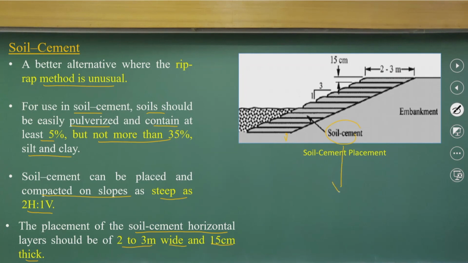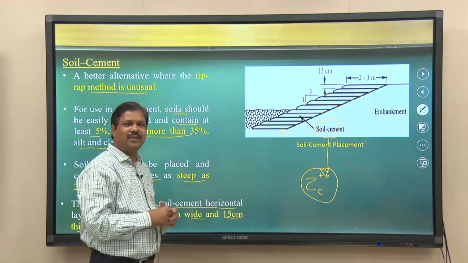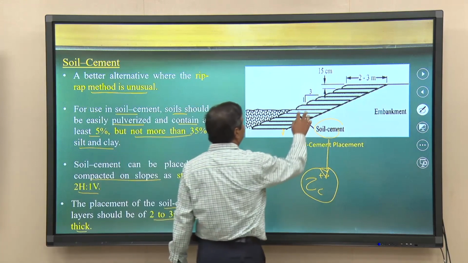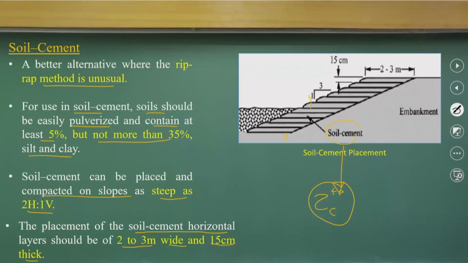Basically we are increasing the critical stresses, because of the soil composition, and that is the reason no erosion will happen, and that way we can protect it. That's the basic idea here.